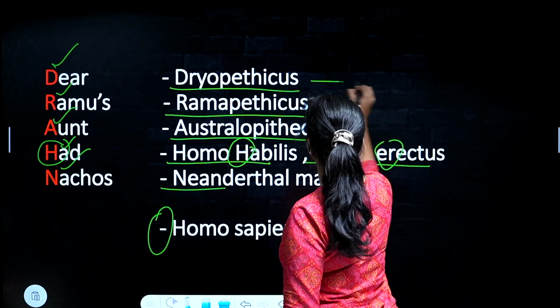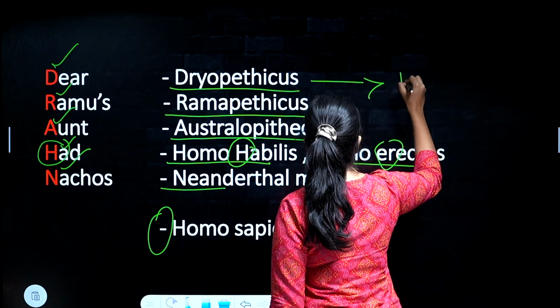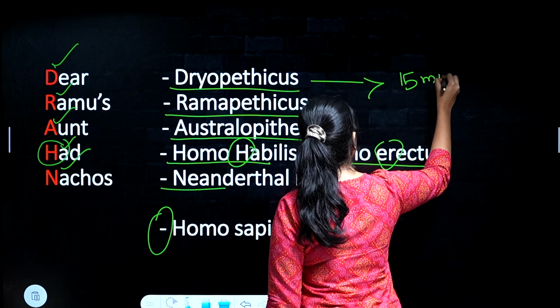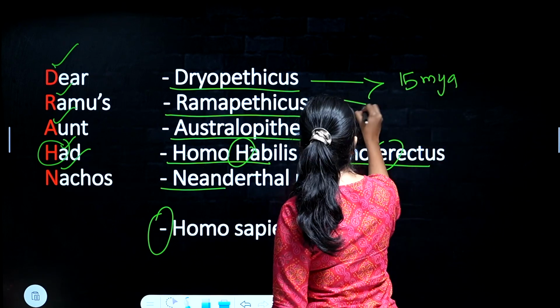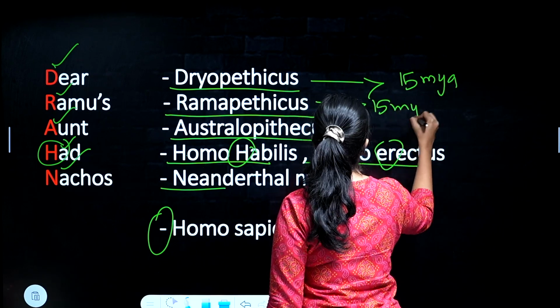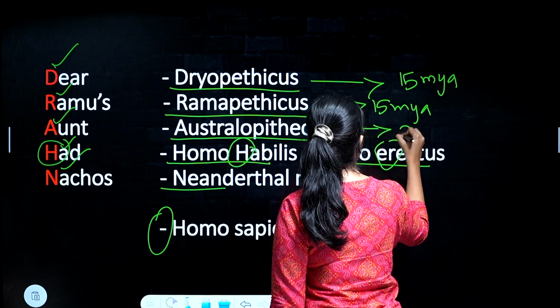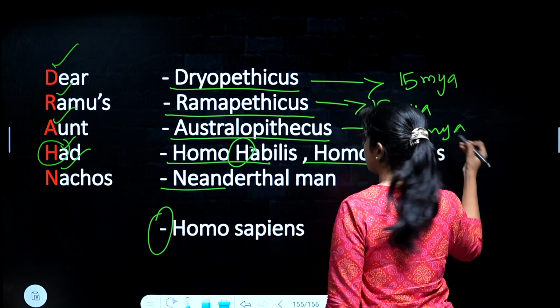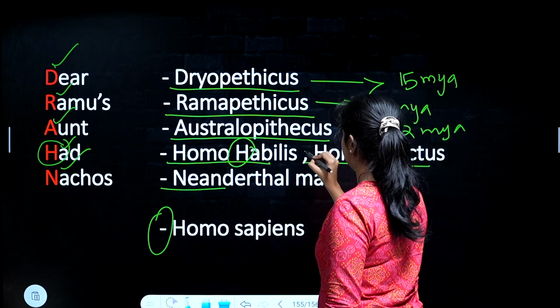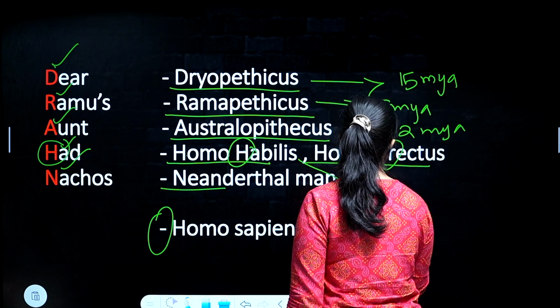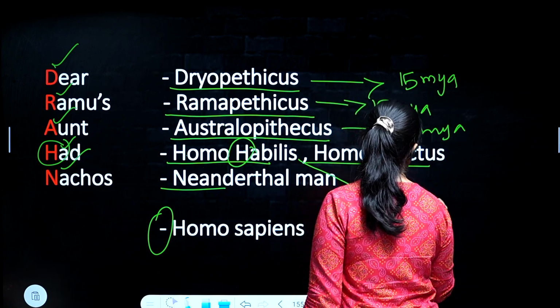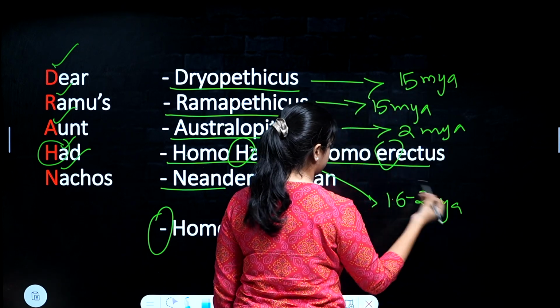So, Dryopithecus came about 15 million years ago, right? Ramapithecus came about 15 million years ago. Australopithecus came about 2 million years ago. Homo habilis came about 1.6 to 2 million years ago.